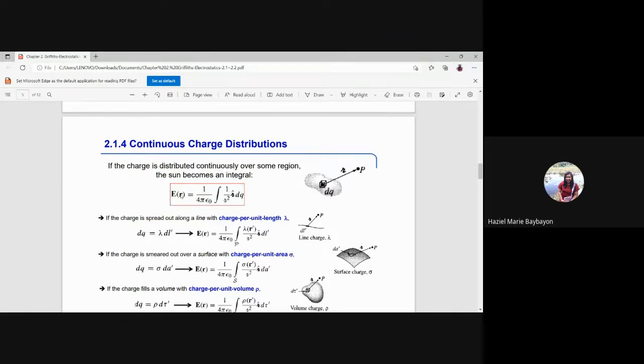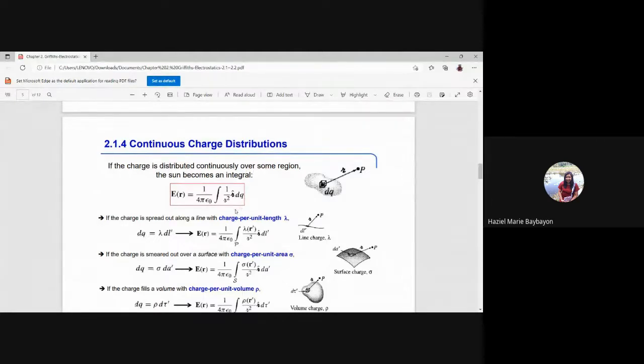Okay, so you have E of R, E as a function of the position, is equal to 1 over 4 pi epsilon naught multiplied by the integral of 1 over R squared, R hat, you have here dq.